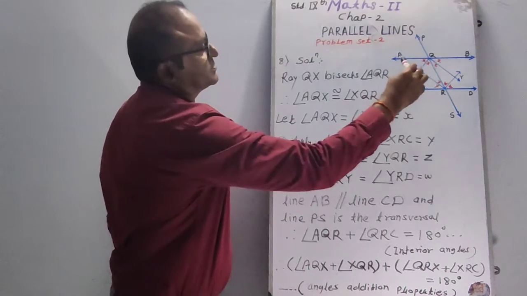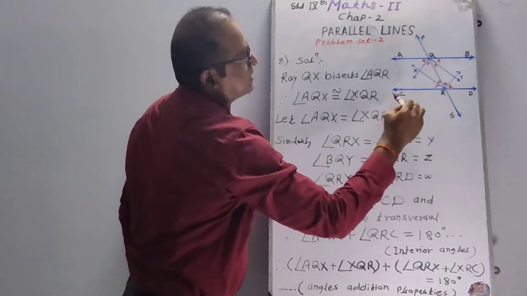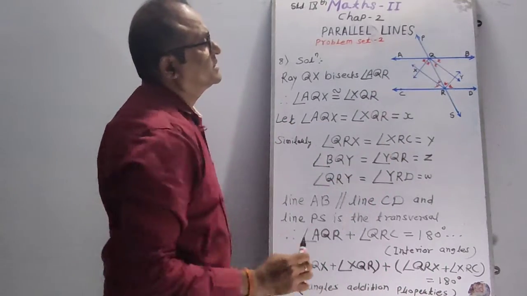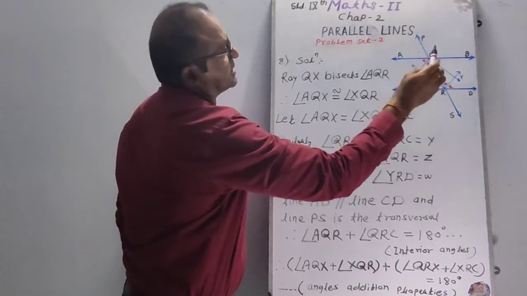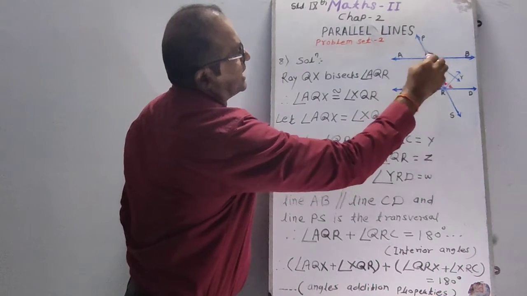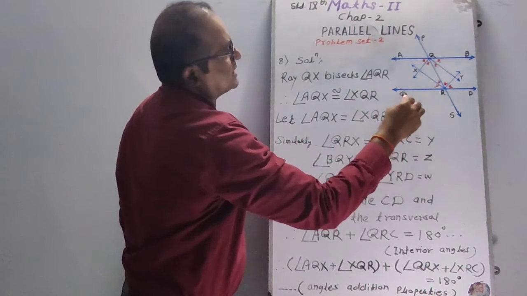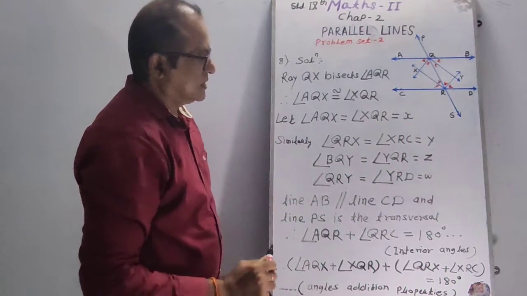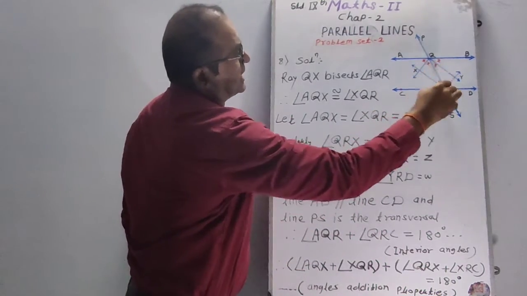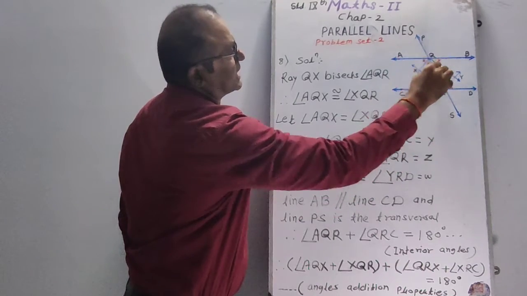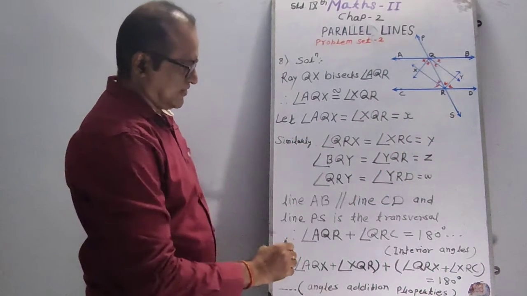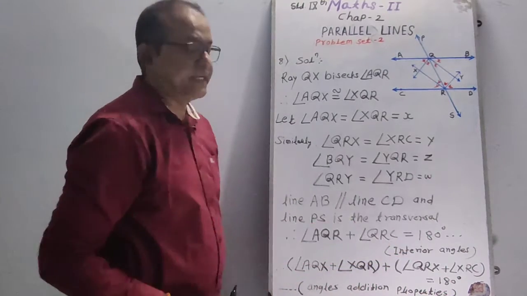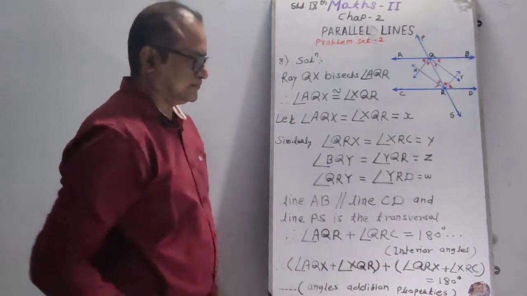Then take line AB parallel to line CD and transversal PS. Angle AQR and angle CRQ are the interior angles, and the sum of the interior angles is 180. Therefore, angle AQR plus angle QRC is equal to 180 degrees.